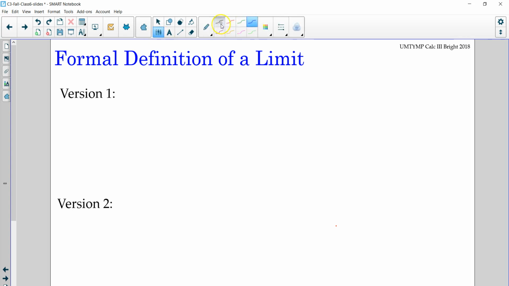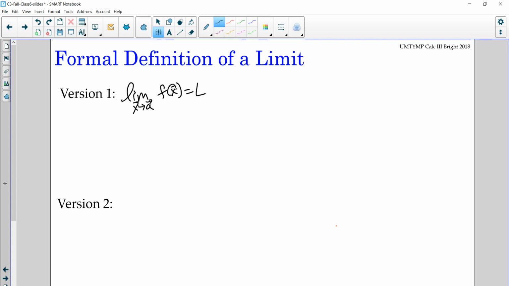That's all. So when we discussed the formal definition of a limit previously, we talk about the limit as x approaches a of f of x is equal to L, and adapting it to three dimensions, we just add vector notation on everything.